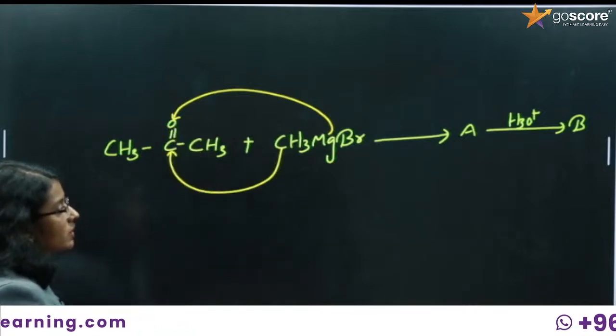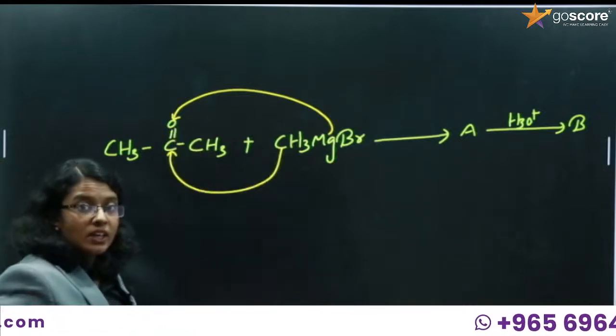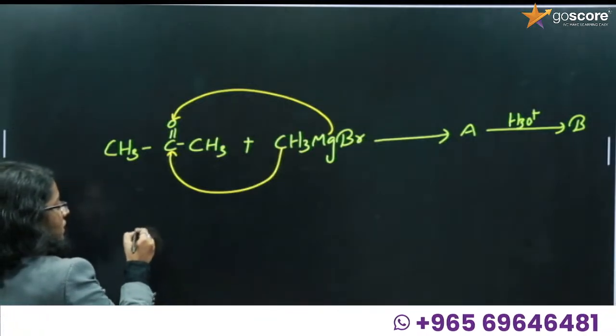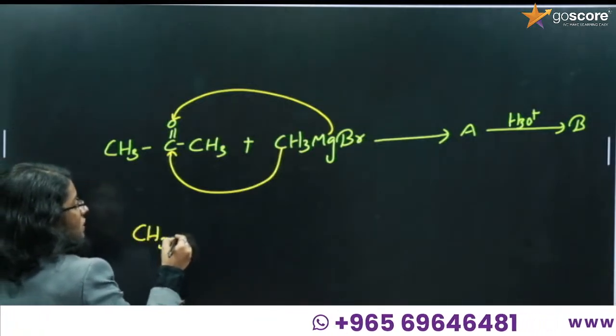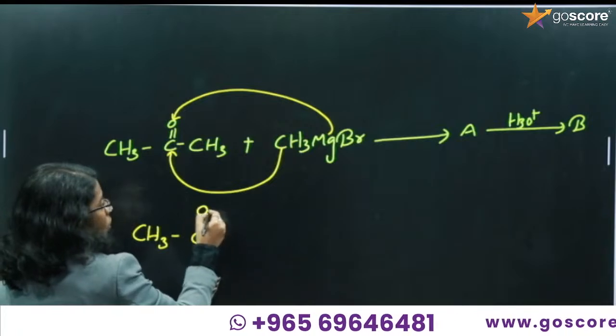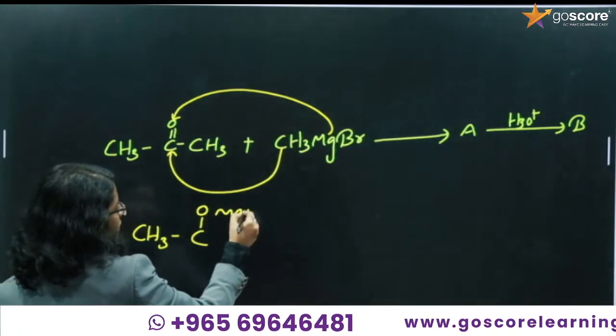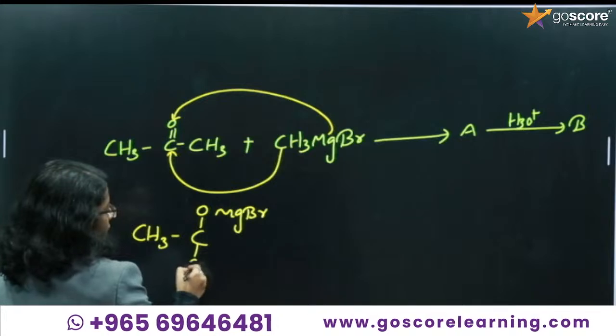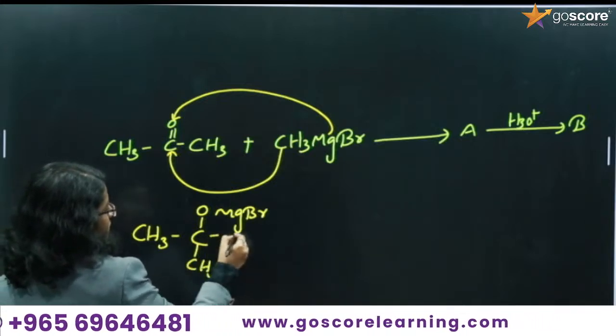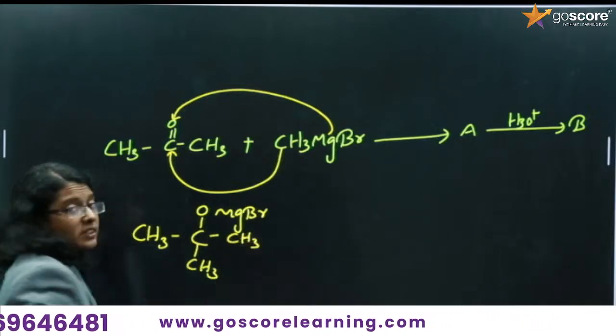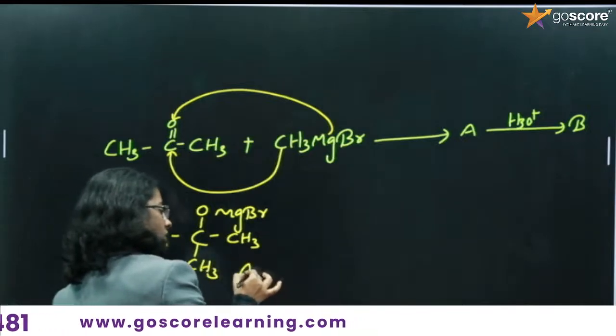Then you will get product A, that is CH3 C OMgBr CH3 CH3.